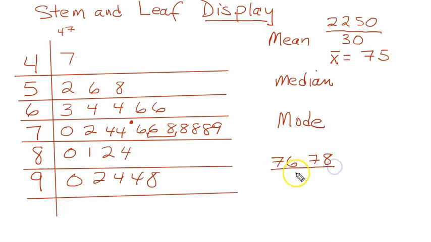Add those two together, divide by 2. Can you see our median is going to be 77? Now, when we look for our mode, which value is used the most times? Well, it's right here. There are 4 78s, so our mode is 78.